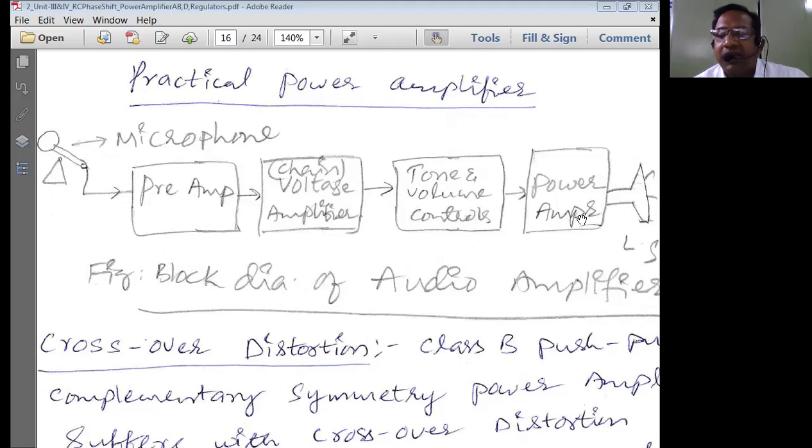In class AB, we apply some bias voltage to the inputs of the two transistors so that the inputs get clamped to 0.7 volts, by which the two transistors are initially in the on condition. Due to this initially on condition of the two transistors, crossover distortion is avoided in the class AB type of power amplifiers.